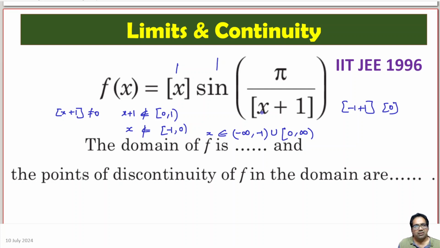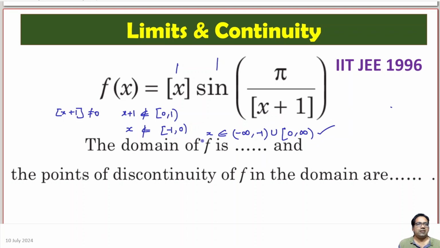At the same time, x can be equal to 0, because 0 plus 1 is 1, that should be fine. So this is the domain: minus infinity to minus 1, both open brackets, and 0 to infinity, where 0 is a close bracket. Fantastic. Now the domain part is clear.